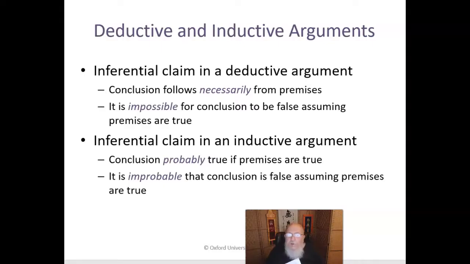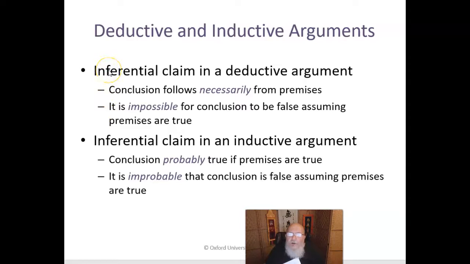In contrast, an inductive argument can only be judged based on the amount and kinds of evidence we have available to support it. When we analyze inductive arguments, we want to find the degree to which the evidence supports the conclusion. An argument could be somewhat likely, very likely, highly probable, not very probable, and so forth. So consider, we have different kinds of inferential claims, right?